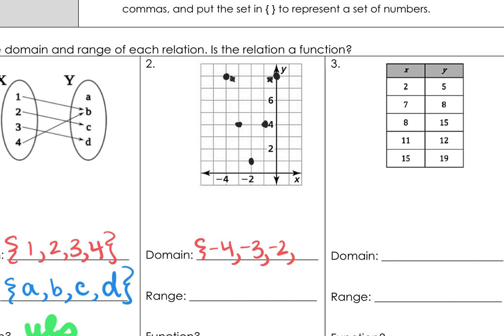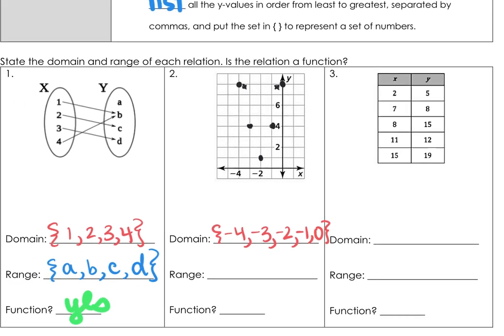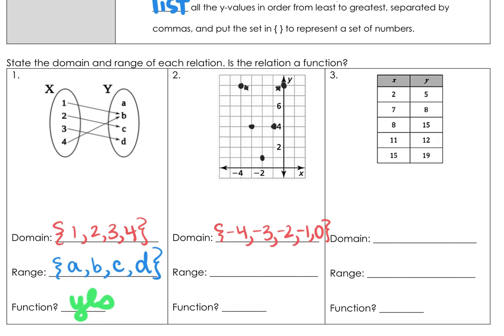Here's my next point. It has an x value of -1. And then my 5th point on this graph is right here now, which has an x value of 0. So when you have points on the graph, just look left to right and use this x-axis like a number line and just ask what is the x value of each of those points.